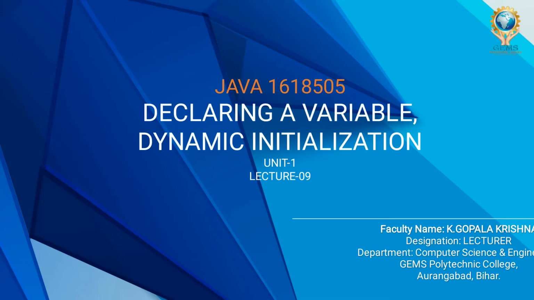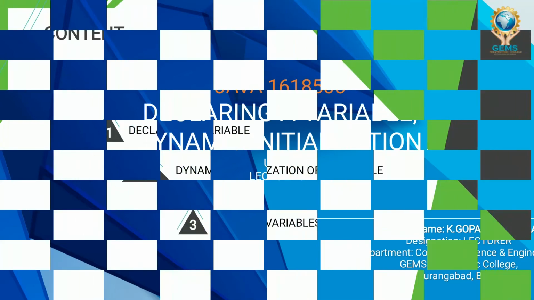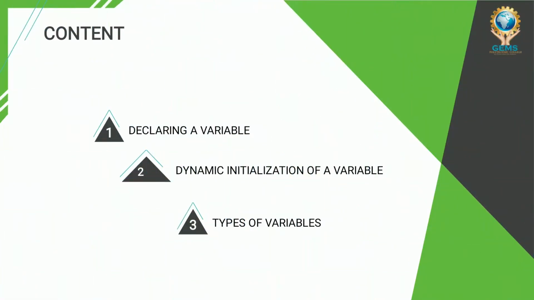Here, I especially want to focus on variables, variable declaration, and dynamic initialization of a variable. This is the actual content of this video lecture. The content of the video lecture: declaring a variable, dynamic initialization of a variable, and types of variables.